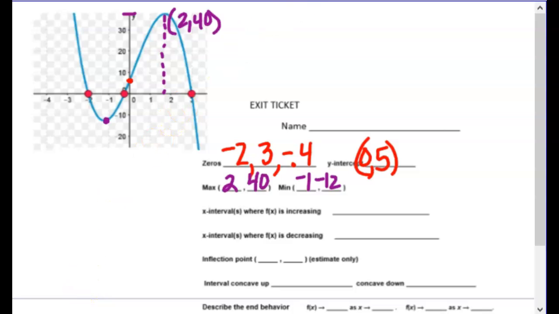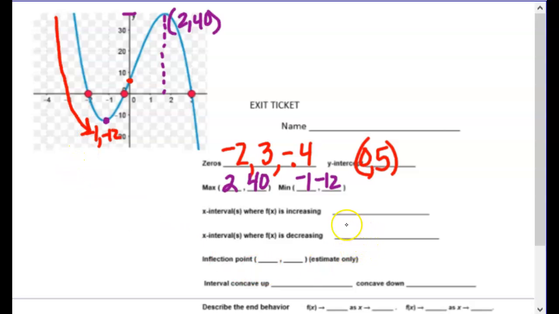Okay. Antoine, give me one interval where it's increasing. Okay, increasing uses x values. So it would be from -infinity to -1, and it actually is doing what there?